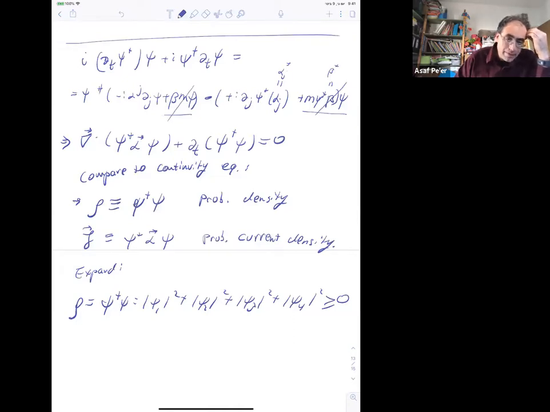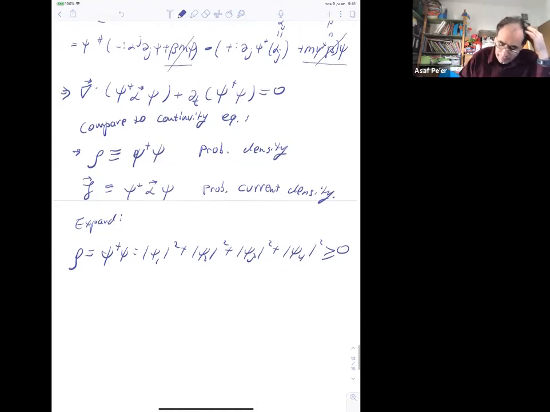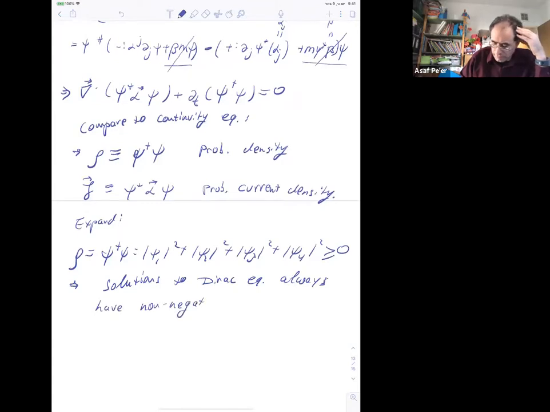Solutions to the Dirac equation always have non-negative probability density. So Dirac did manage to find a solution to the main theoretical problem of the Klein-Gordon equation.